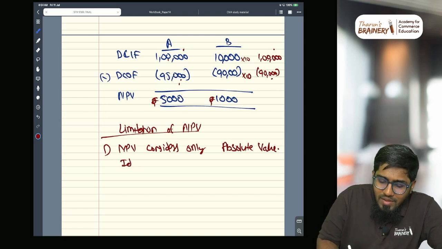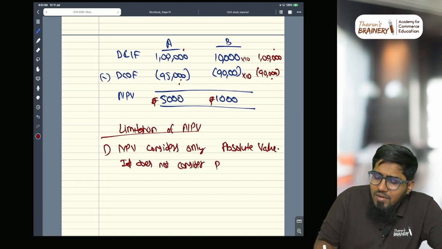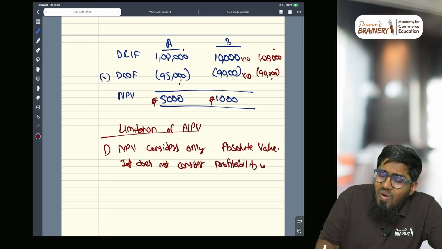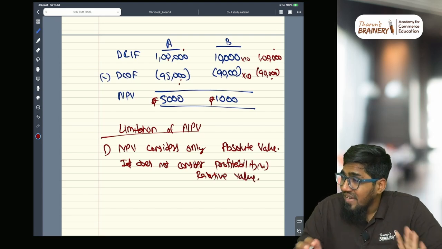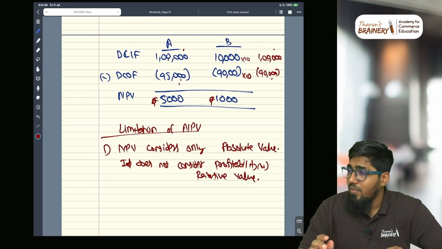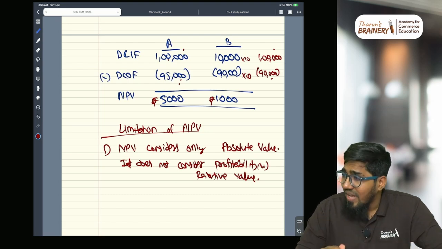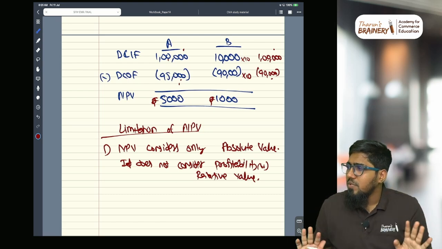It does not consider profitability, or what is also called relative value. It does not consider the profitability of the project. It does not consider the relative value of the project. It will just consider the absolute value.